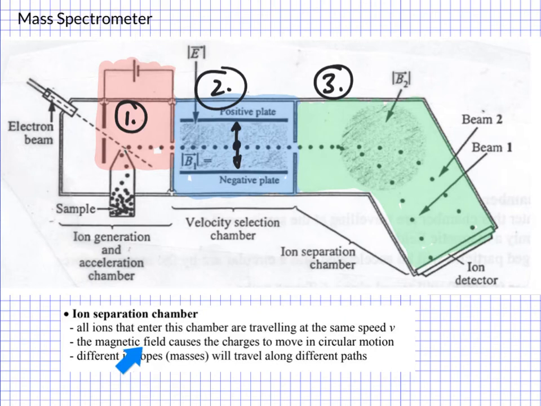The only field in here is the magnetic field, and it will cause them to move in circular motion. So that means this will separate out isotopes with different masses. They'll all have the same speed and the same charge, but the masses will be different, and so you can differentiate between two different masses, specifically different isotopes.